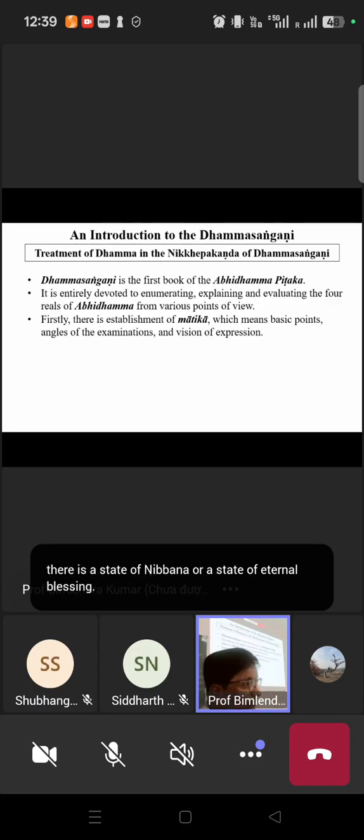All these things have been discussed in our Dhammasaṅgaṇi, and we also see how the nature of consciousness has been discussed on the basis of planes of existence in our Abhidhamma. It is said that our consciousness is fickle. It does not stay in one place.